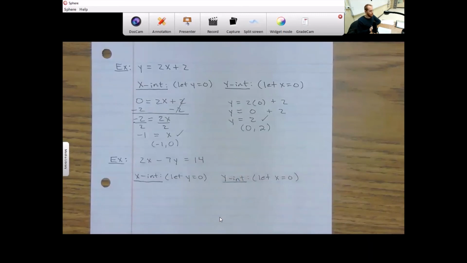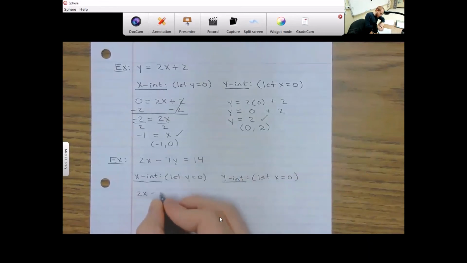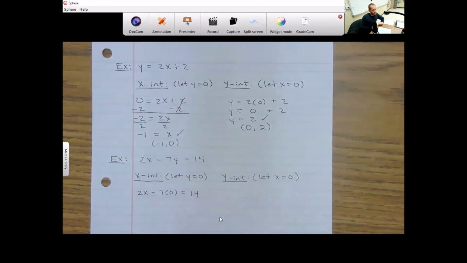So if I let y be 0, what happens? I get 2x minus 7 times 0 equals 14, right? The only thing that changed is I put in 0 for y, but everything else stays the same.